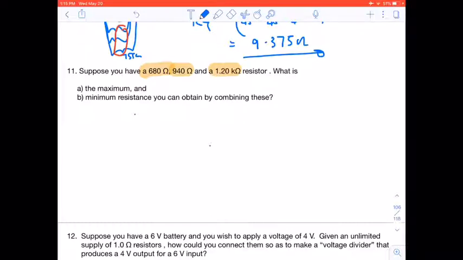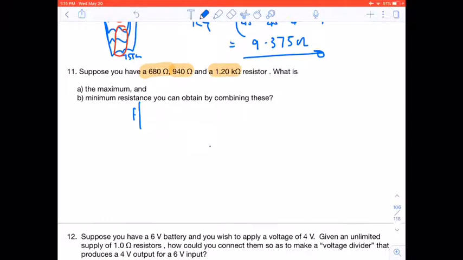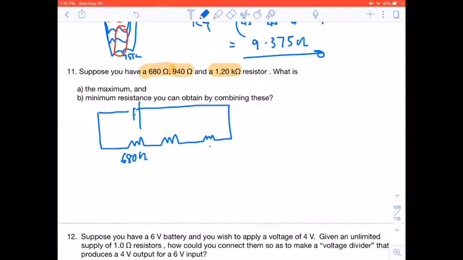So we say, okay, we're not given the voltage, so it doesn't matter, because resistance is a property of that particular material. So we've got that, and that, and that. One is 680 ohms, the other one is 940 ohms, and the other one is 1.2 kilo ohms, which is 1200 ohms, right?